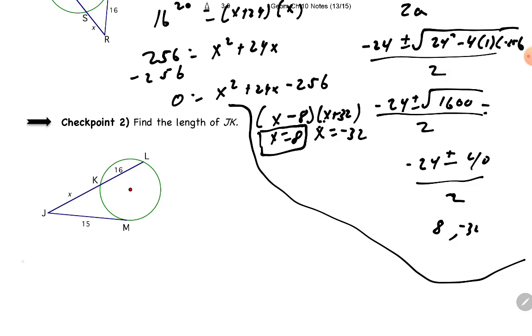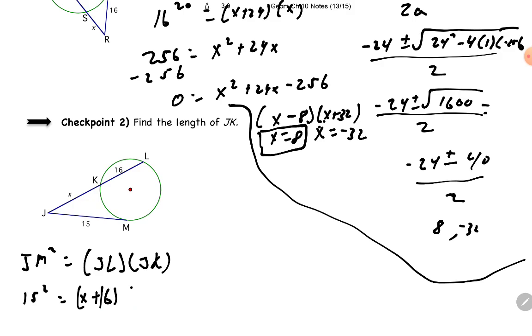Oh, let's write it out. JM squared is equal to JL times JK. So 15 squared is equal to x plus 16 times x.